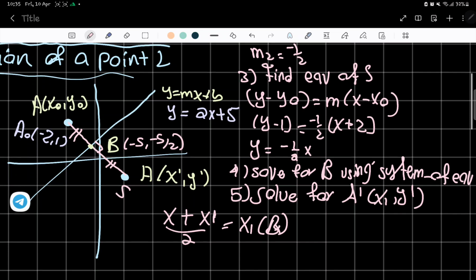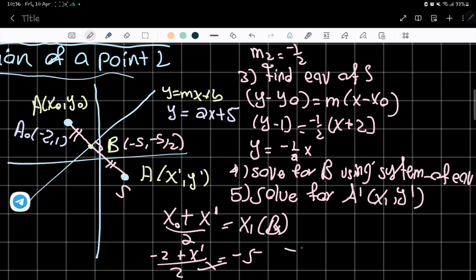This is x prime, so you don't get confused. This one is x naught plus x prime over 2 is going to be Bx over here. So we're going to plug in the numbers. So it is minus 2 plus x prime over 2 is equal to minus 5, okay?